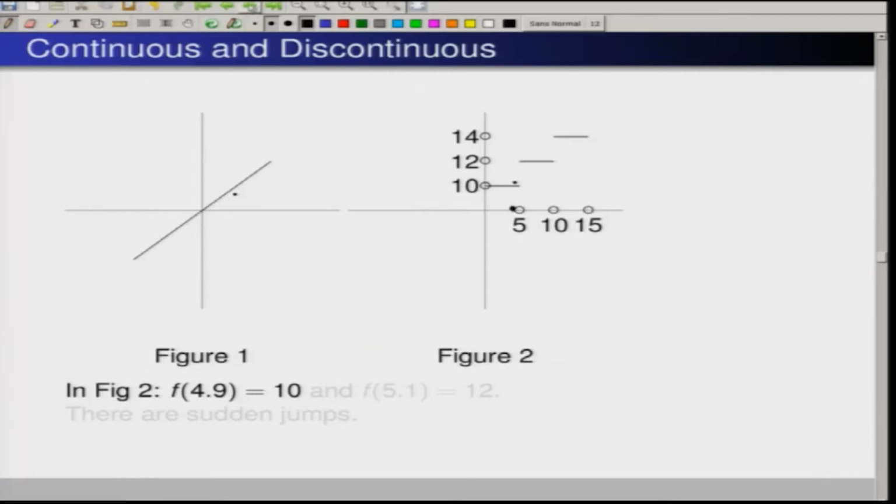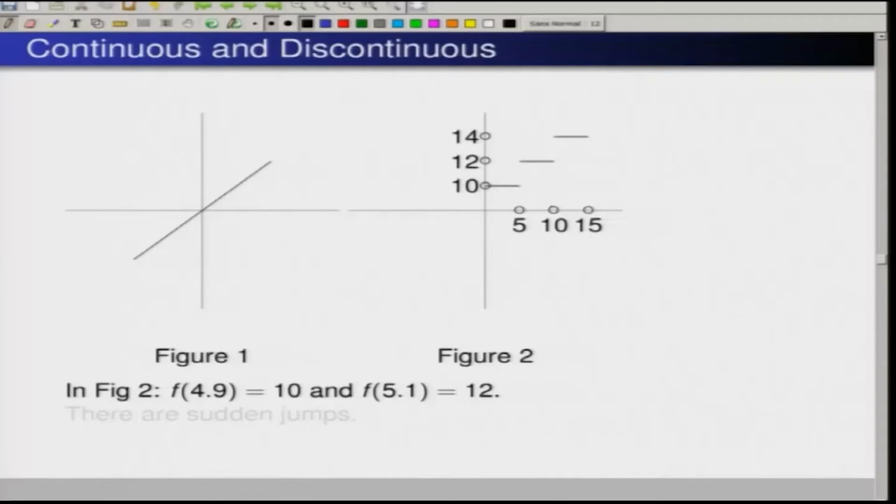However, f of 5.1 is going to be 12, and f of 5.01 is also going to be 12. So, anything f of 5 plus delta, with delta positive, is going to give you 12. So, there is a certain jump. Let us capture this phenomenon.